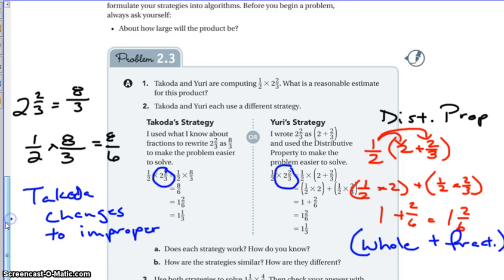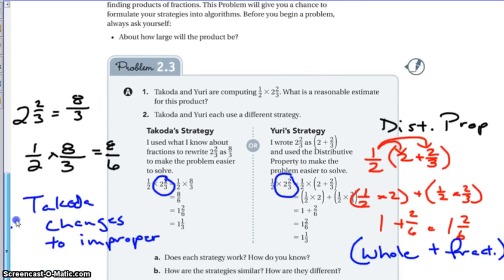We will be following the same type of strategies in class today, or tomorrow, sorry. And again, our estimation up here was 1/2 times a number that was almost 3, and we got that would be about 1 1/2, or 1.5, which would be half of 3.